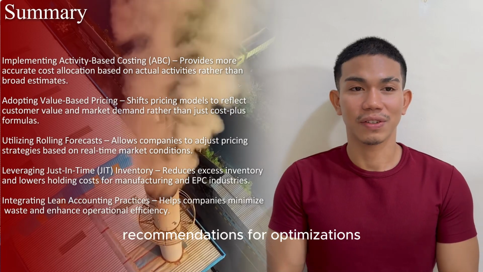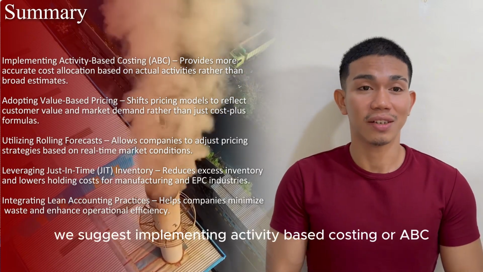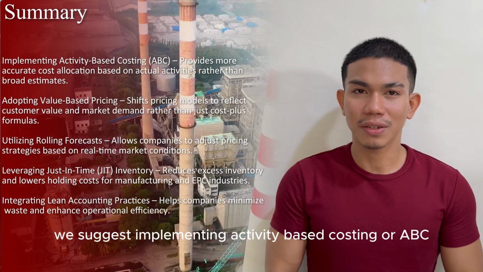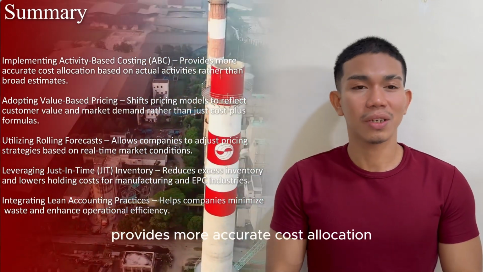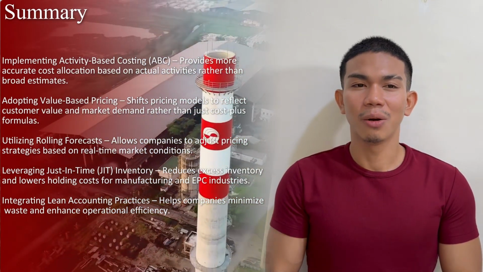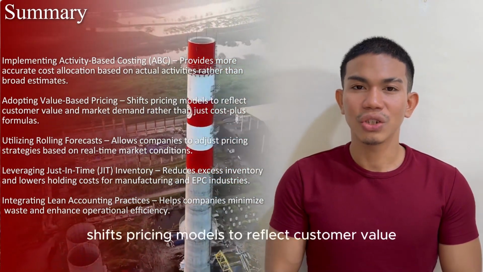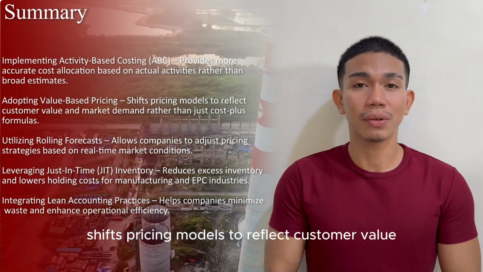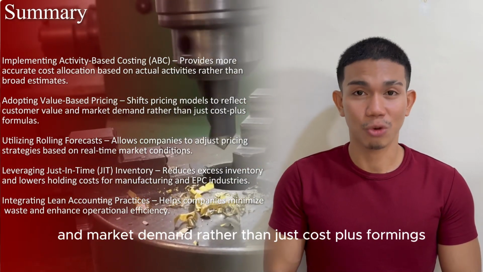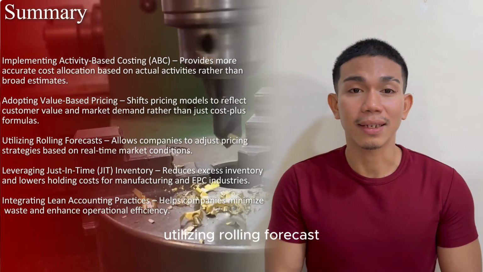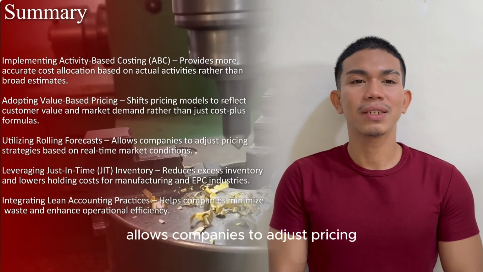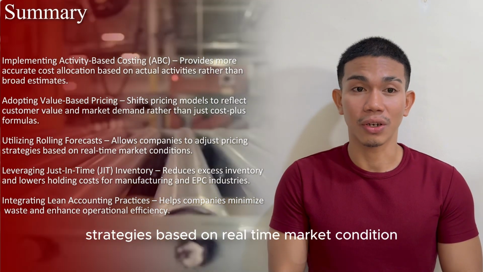Recommendations for optimizations. Based on our findings, we suggest implementing activity-based costing, or ABC. It provides more accurate cost allocation based on actual activities rather than broad estimates. Adopting value-based pricing shifts pricing models to reflect customer value and market demand rather than just cost-plus formulas. Utilizing rolling forecasts allows companies to adjust pricing strategies based on real-time market conditions.